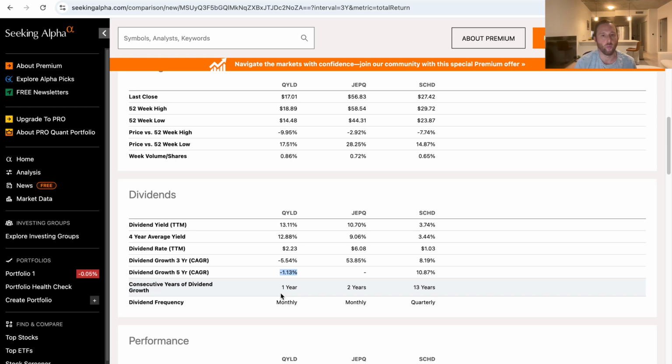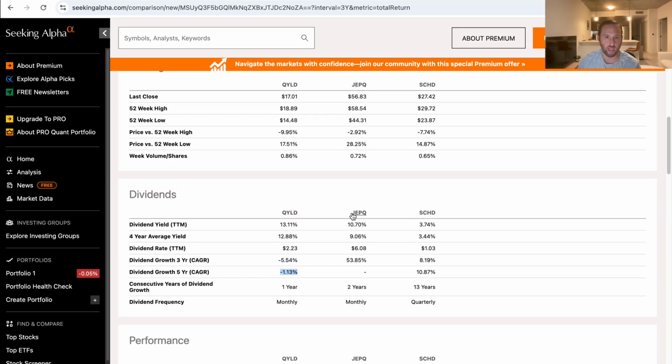That's a way to get more yield. This is not true for every single fund. I'm picking on QYLD because it's an older fund. Others have seen good distribution and dividend growth rates, so we want to be selective with the funds that we choose, and choose ones that have NAV appreciation and a solid track record for dividend growth.